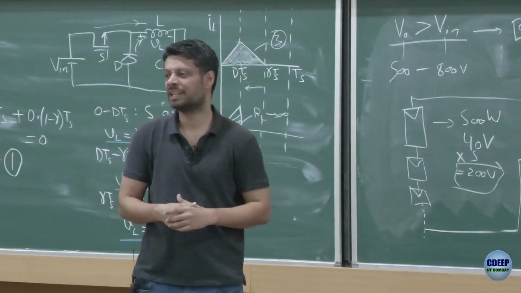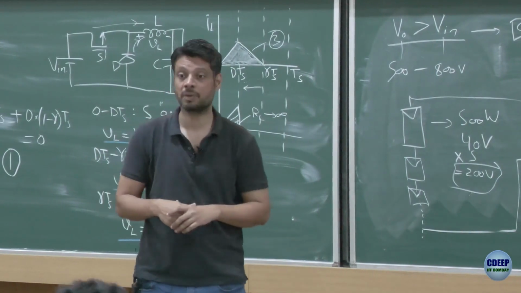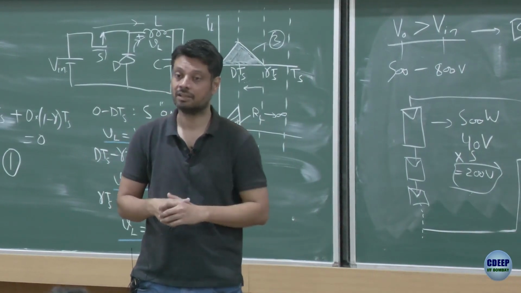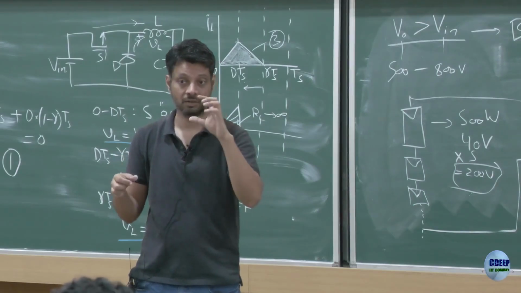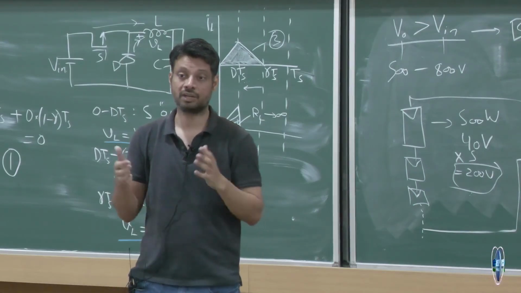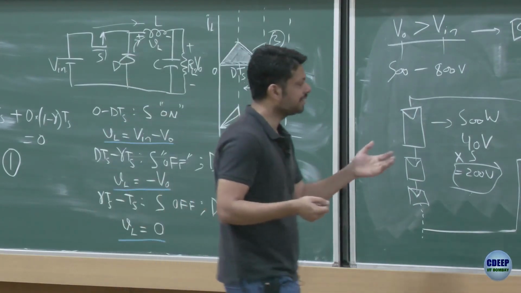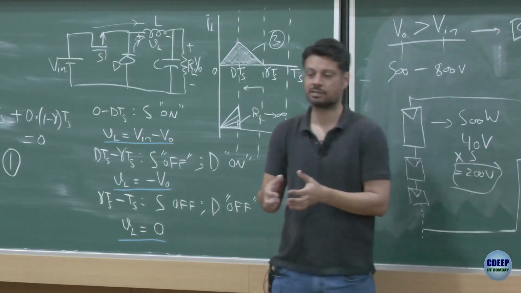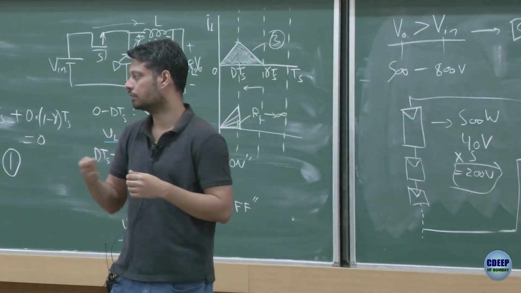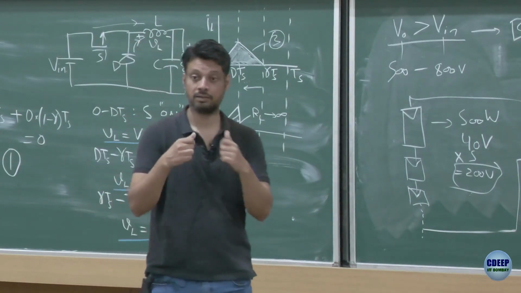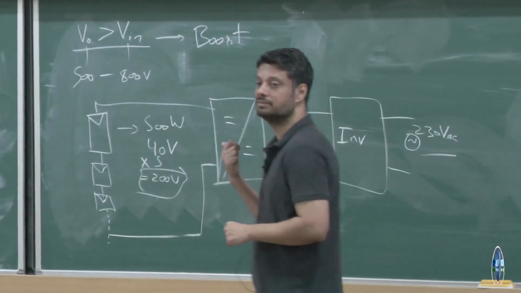I can always do it with an inverter and a transformer, but it will be bulkier because the transformer would operate at 50 hertz, so not very high frequency, so high flux, and you require a thick core. So doing it this way could be much smaller, maybe lower cost also, because a transformer requires a lot of copper and a lot of iron. Okay, is this application clear?